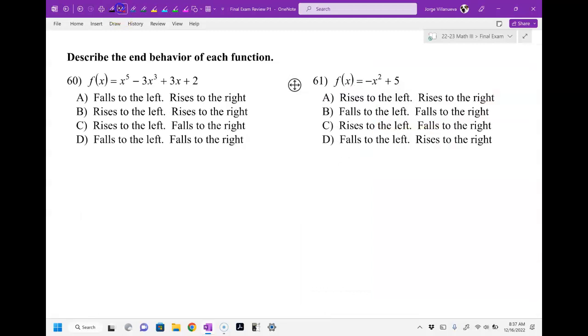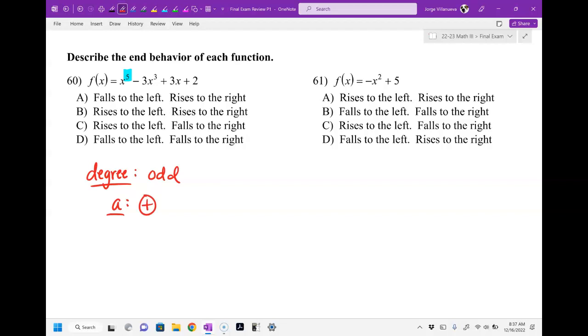So according to this, I noticed that my degree is odd, and my A term is positive.